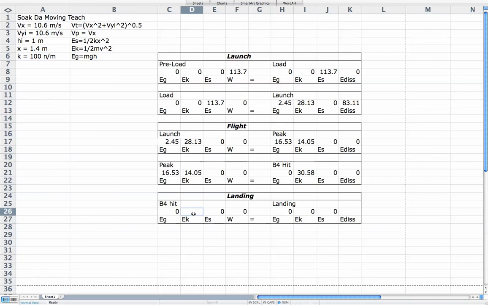And so this 30.58 is what I end up with in total kinetic energy right before it hits the ground, and I know after it hits the ground that it's going to just be what the kinetic energy was.